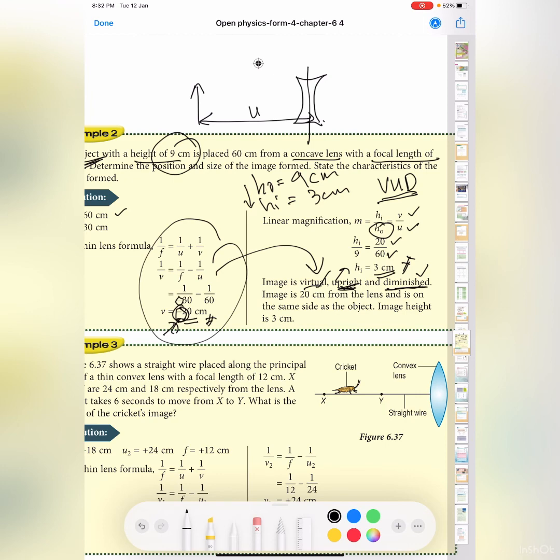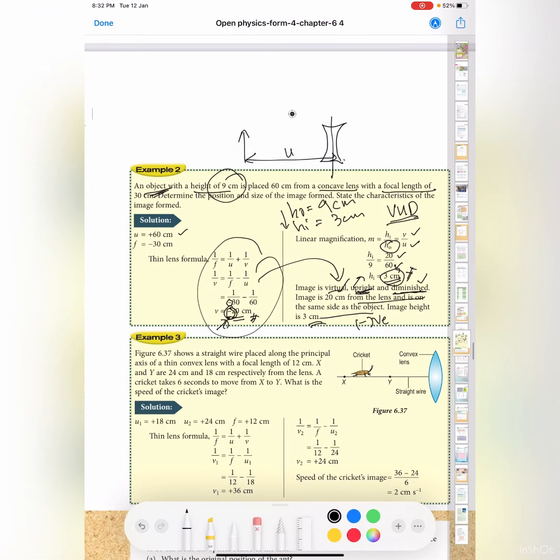So the image is 20 cm from the lens and is on the same side as the object. How do you know it is on the same side? Because of the negative sign. Negative also indicates that the image is on the same side as the object. And the image height is 3 cm, which is shrinking from the real object.